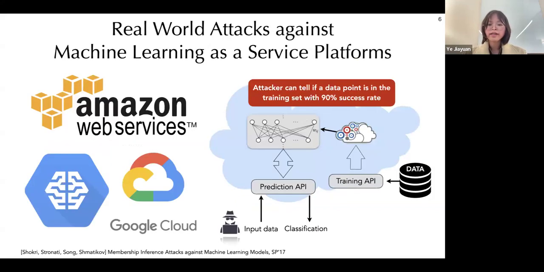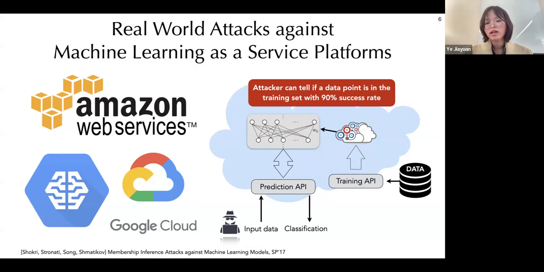So firstly, this is the first membership inference attack against machine learning models, where it is shown that for companies that offer machine learning as a service, an attacker can tell if a data point is in the training data set of a model trained by these services with 90% success rate.